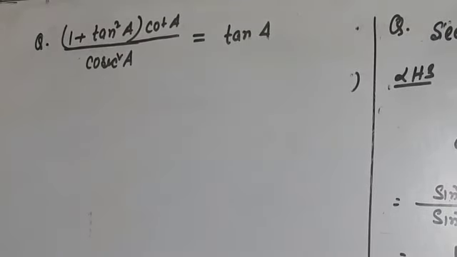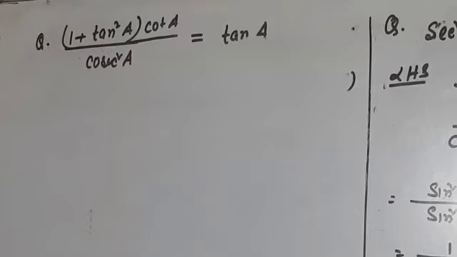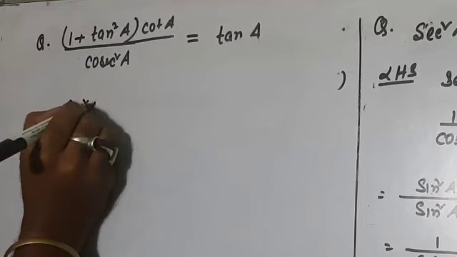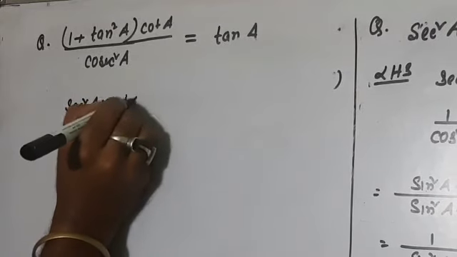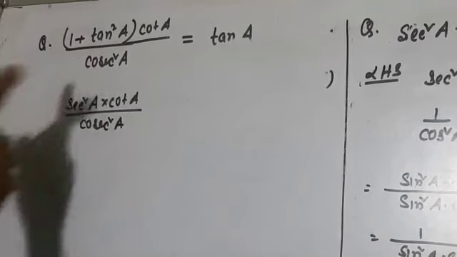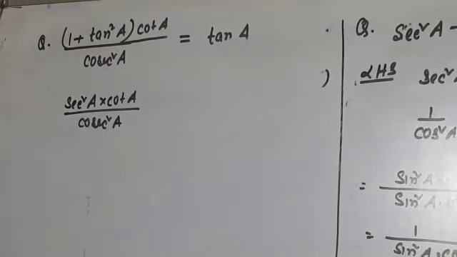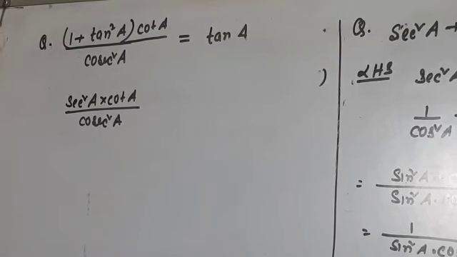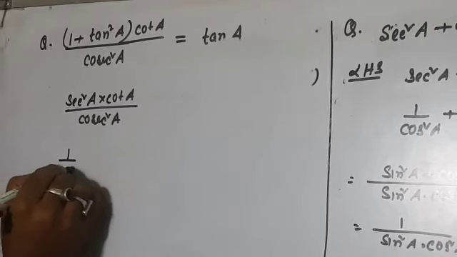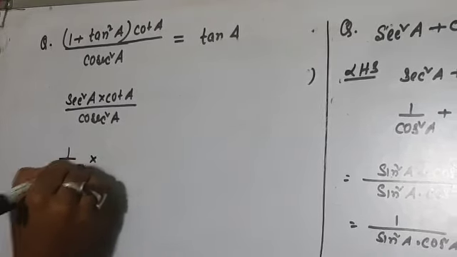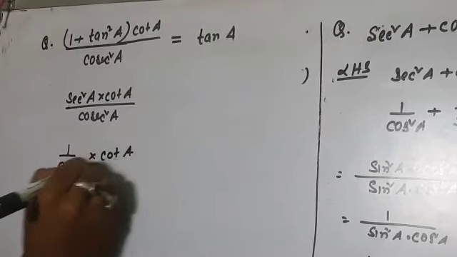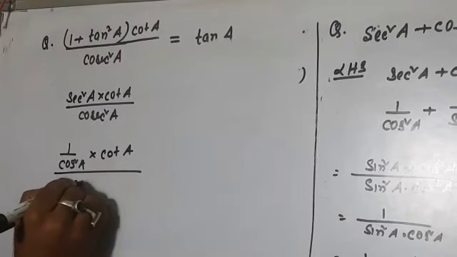So LHS: (1 plus tan square a) into cot a by cosec square a. So 1 plus tan square a we can write as sec square a into cot a by cosec square a. First I change only the 1 plus tan square a. So 1 plus tan square a is equal to sec square a. Sec square a we can change to 1 by cos square a into cot a by cosec square a.